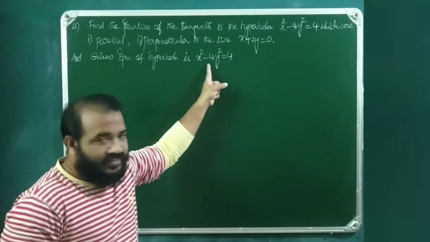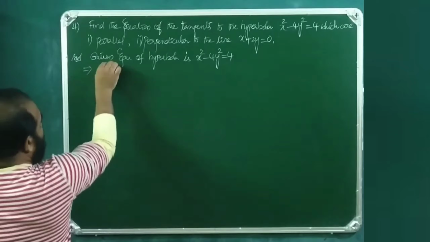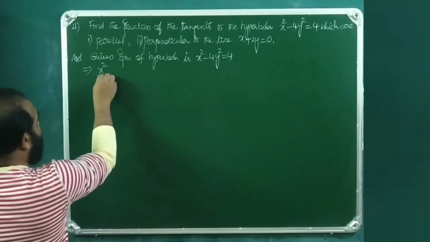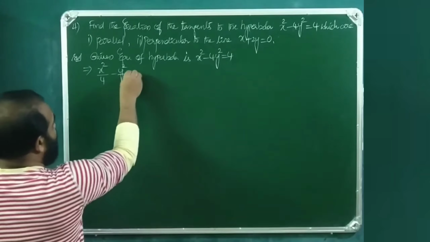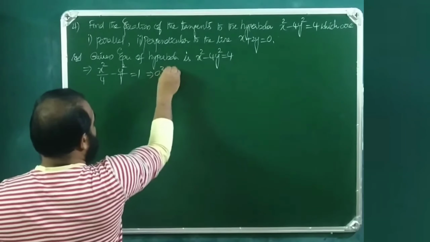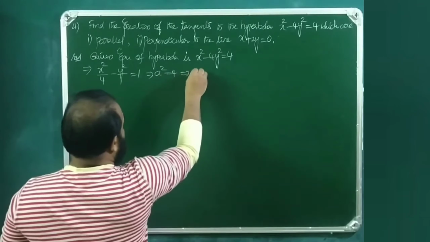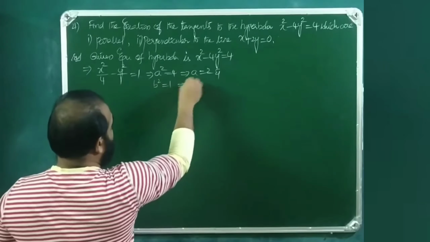Let us try to write this in standard form: x square by 4 minus y square by 4 by 4 is equal to 1. So this implies a square equals 4, a is equal to 2, and b square equals 1, b is equal to 1.